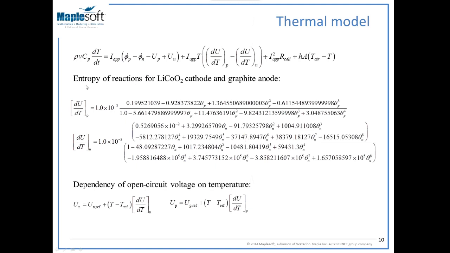And to address the effects of different types of material on the thermal performance for the battery, we also covered the entropy of reaction equations for each material based on the available data that we found in the literature. For example, the two equations that you're seeing here are the two equations that describe the entropies of reaction for lithium cobalt oxide and the graphite anode.